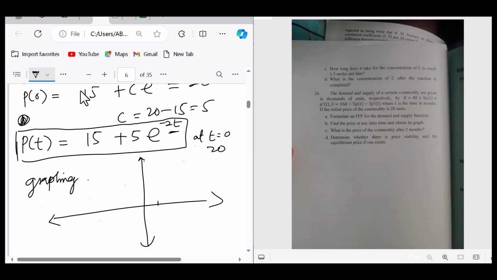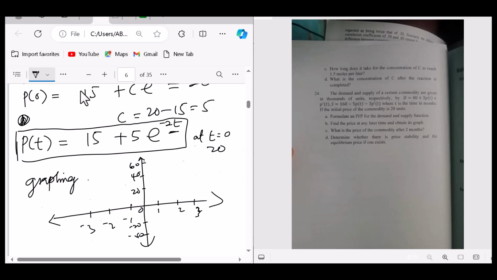So here is 0, 1, 2, 3 and the negatives; let me label here 20, 40, 60.